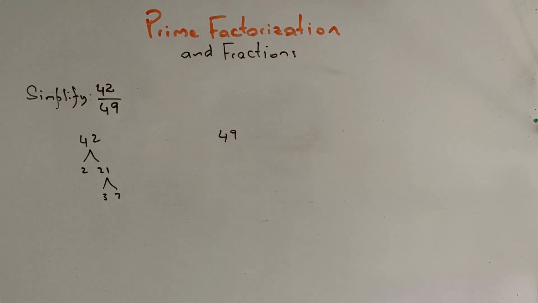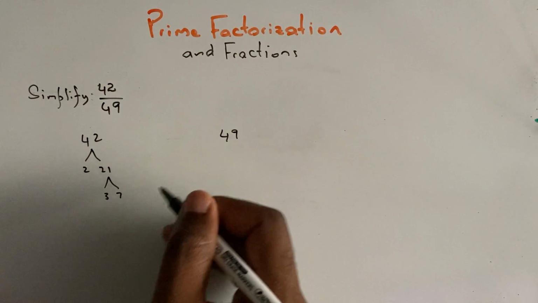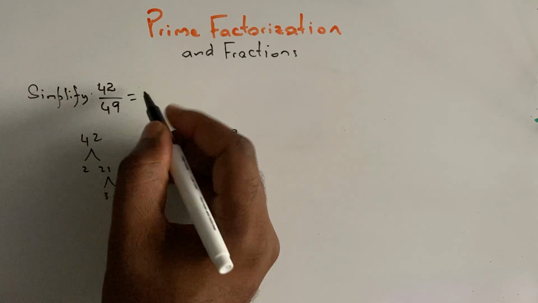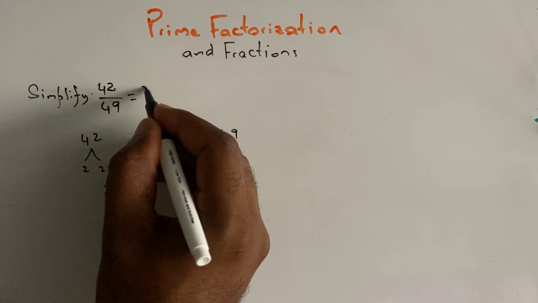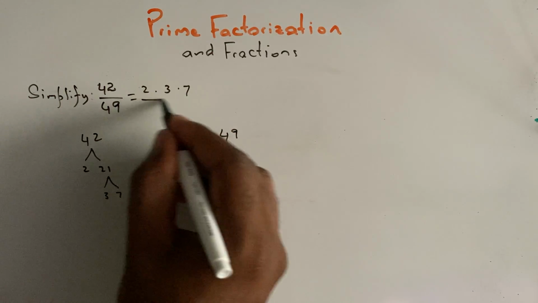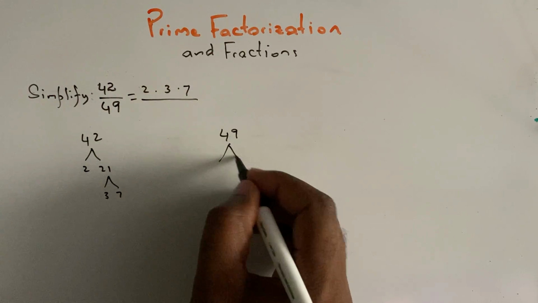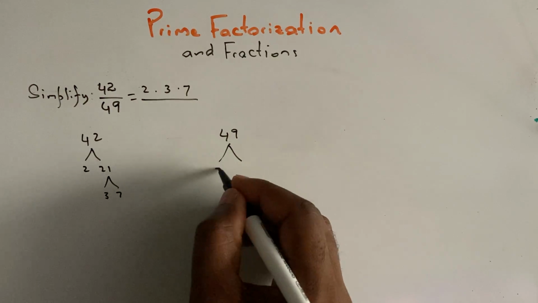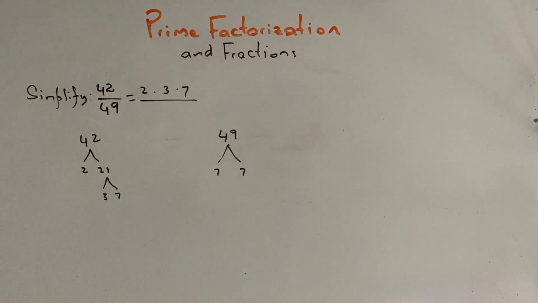So now you know the prime factorization for 42. It's 2 times 3 times 7 over 49, which is 7 times 7. It can't be broken down further. So just 7 times 7.